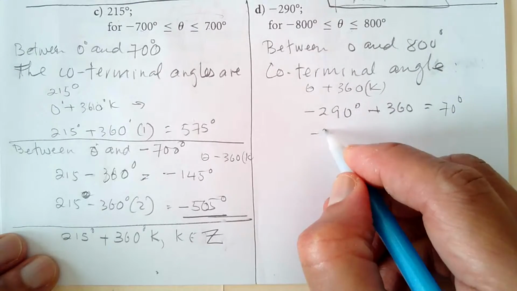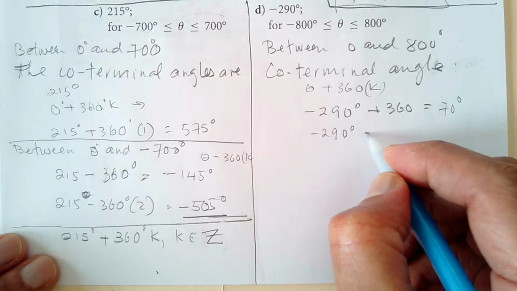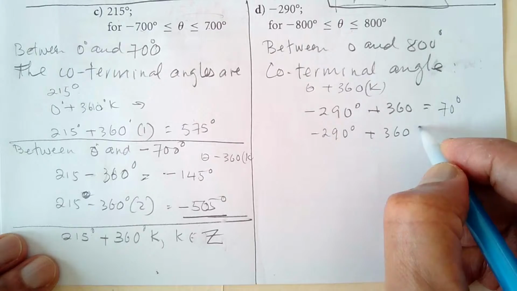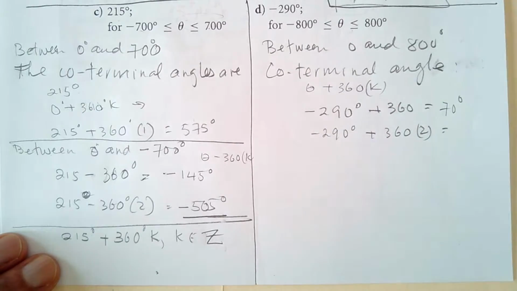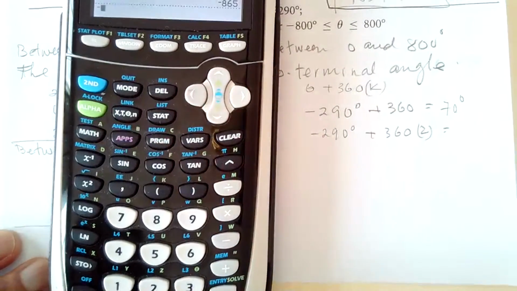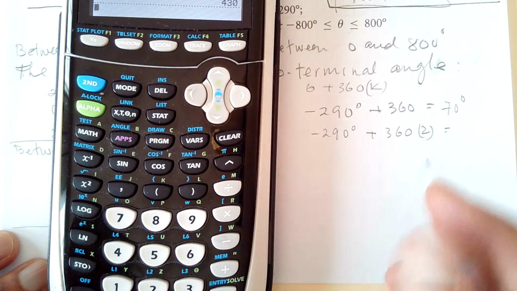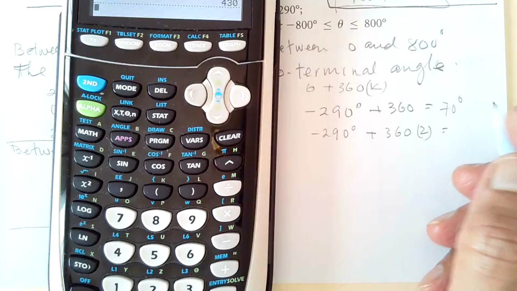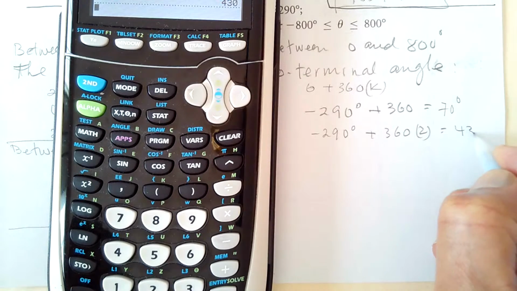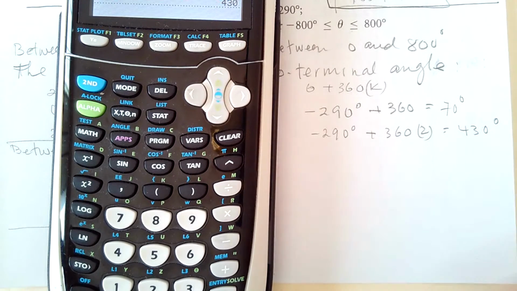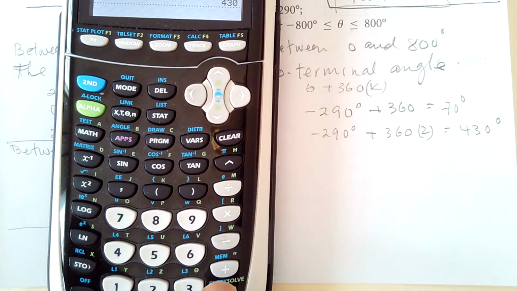Let's try the next one. Negative 290 degrees plus 360 times 2 gives me 430 degrees. Now, if we add another 360 to that, we get 790.